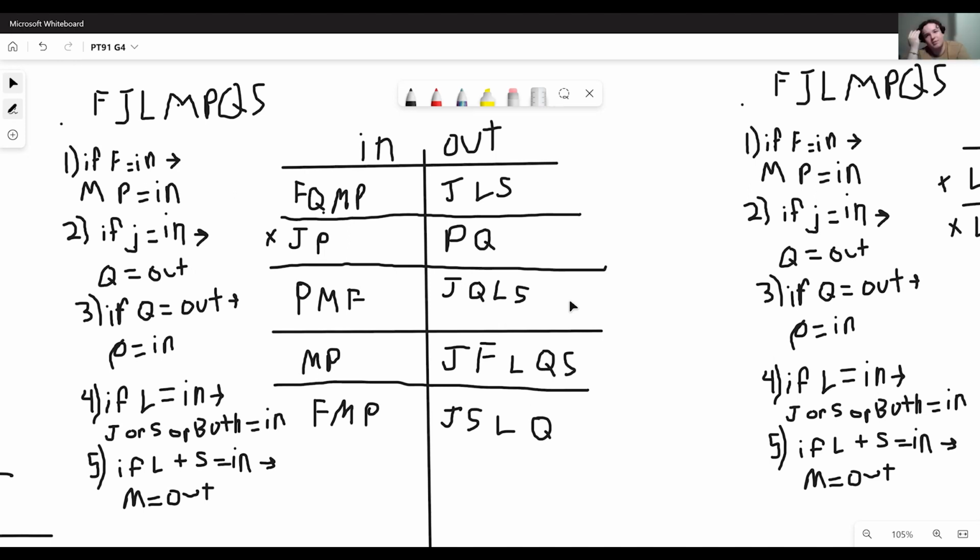So it basically doesn't make sense. Yeah, kind of like we talked about last time, right? In the last question, J being in forces Q out, Q being out forces P in. But this one says Johnson presents but P doesn't, right? And that doesn't work.